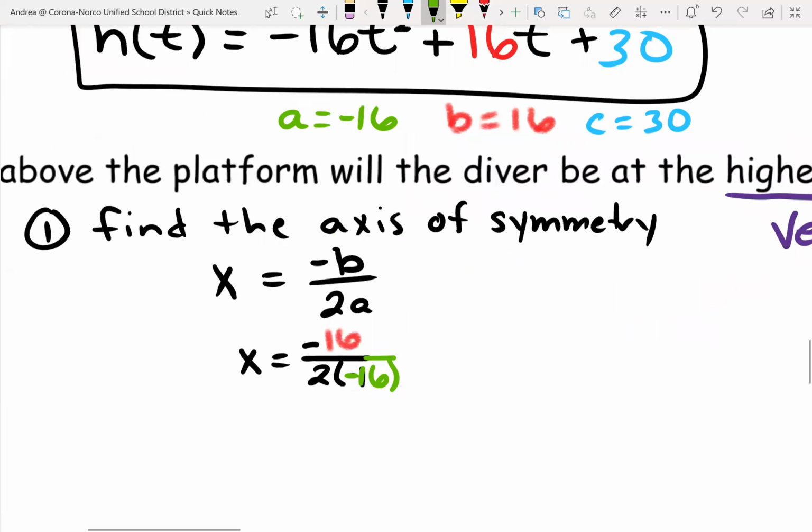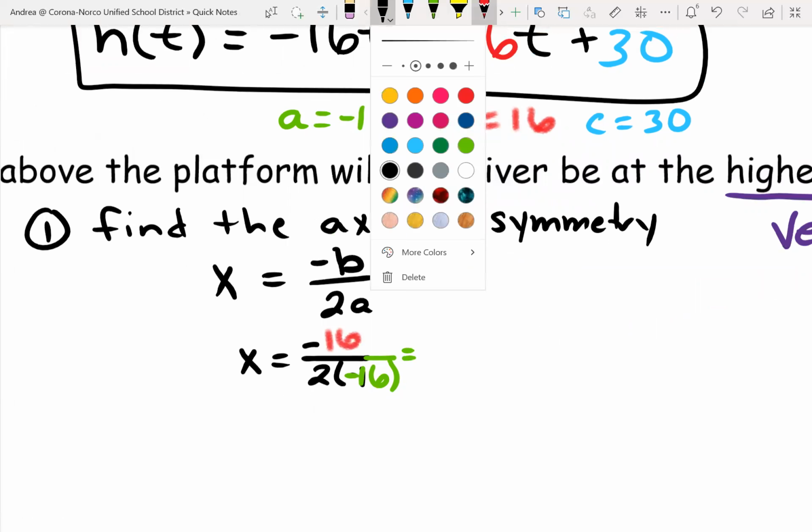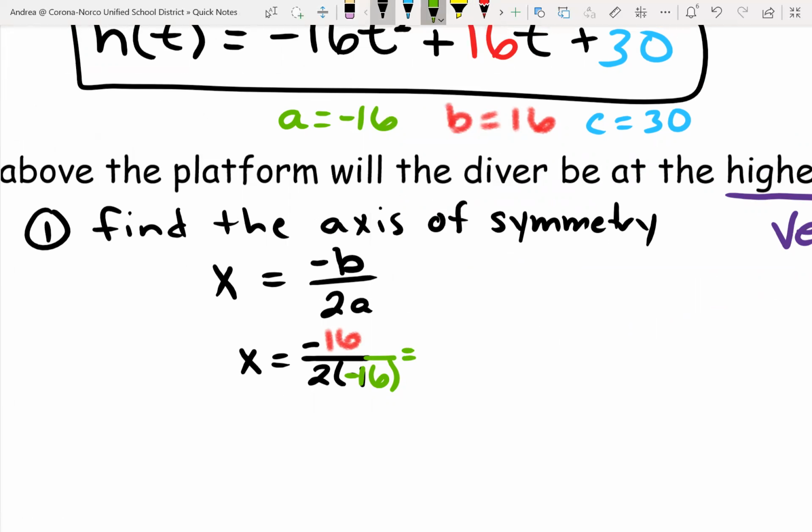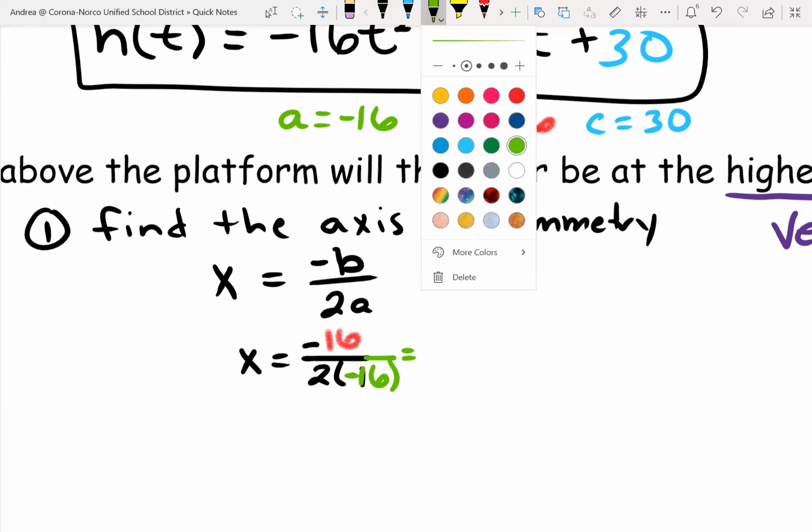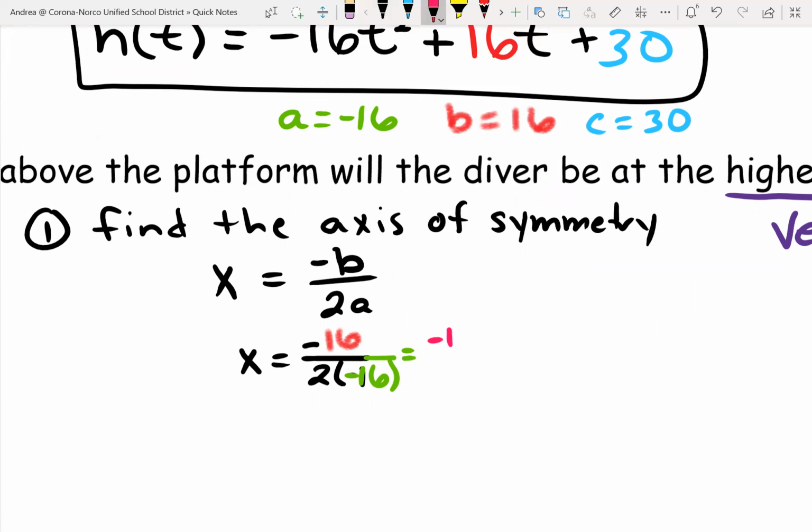Okay, do the math. Negative 16 divided by negative 32. They can both be divided by 16.